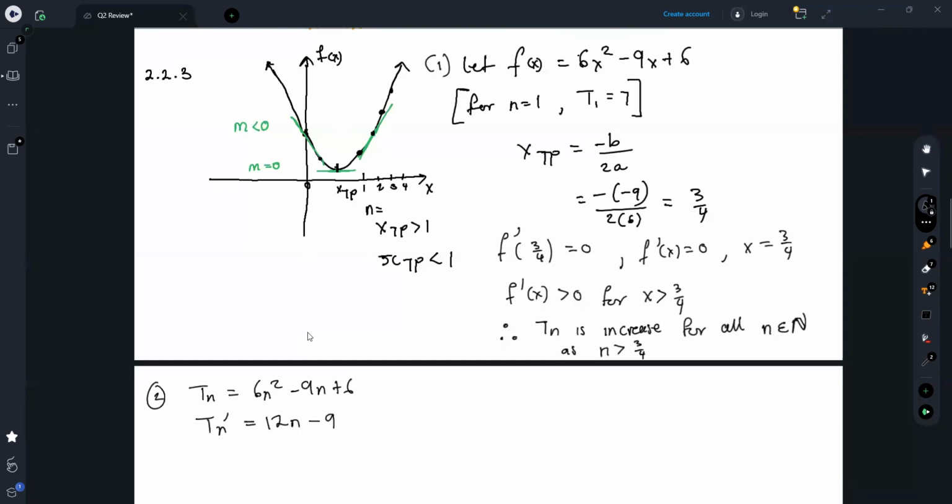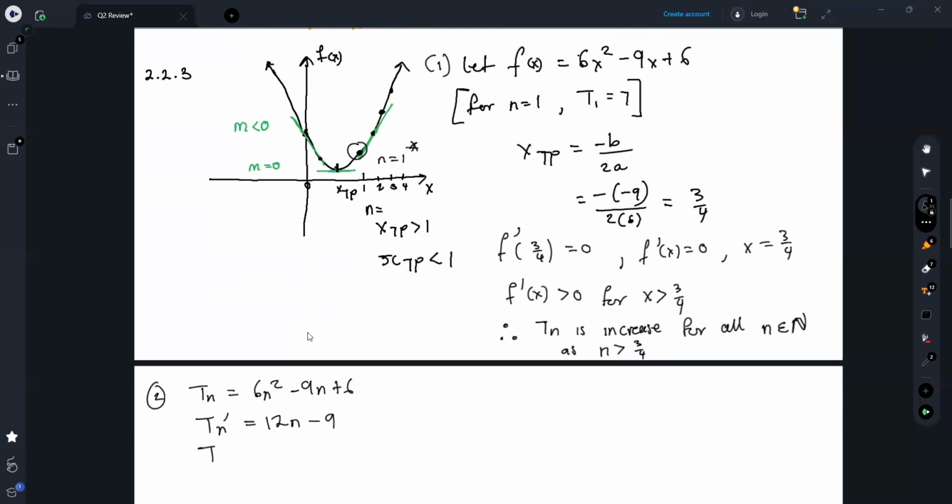And now I can test it at the beginning. What's the gradient of the function when n is 1? I want to find out, because that's the starting point of the pattern, isn't it? So I want to find out if the gradient is positive.